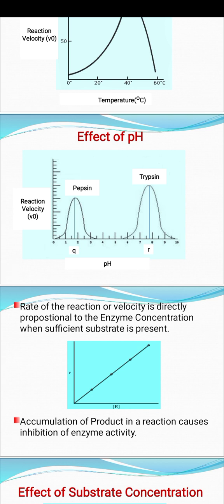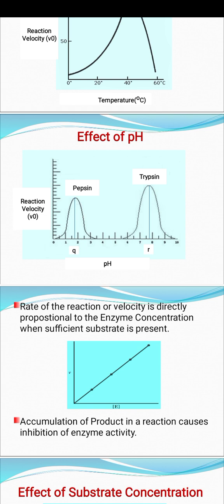The rate of reaction or velocity is directly proportional to the enzyme concentration, provided sufficient substrate is present. Next effect on the velocity is the enzyme concentration. Velocity is directly proportional to the concentration of enzyme.